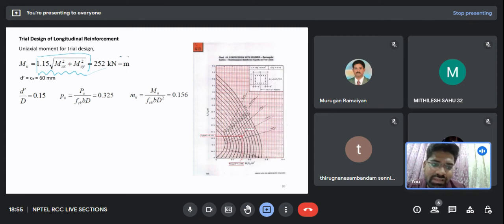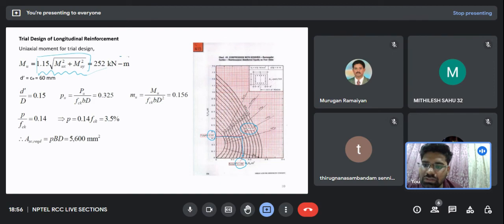Here you can see, for a value of 3.325 and a value of 0.156, I will get a ratio of percentage of steel by fck of around 0.14. It is not the percentage of steel but the ratio of percentage of steel by fck, 0.14. Now multiplying by fck, I can get the percentage of steel, and the percentage of steel can be converted into the area of steel by multiplying it with the cross section.